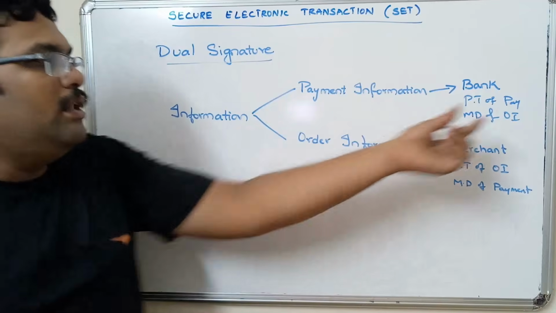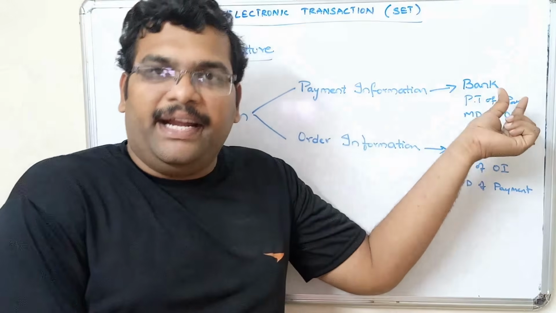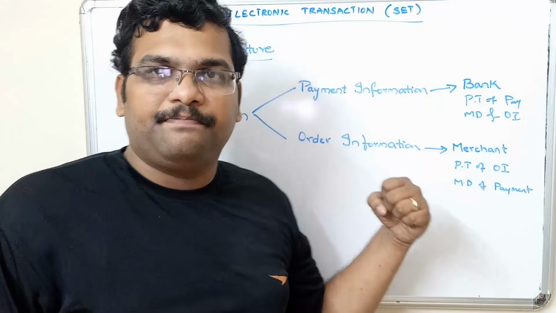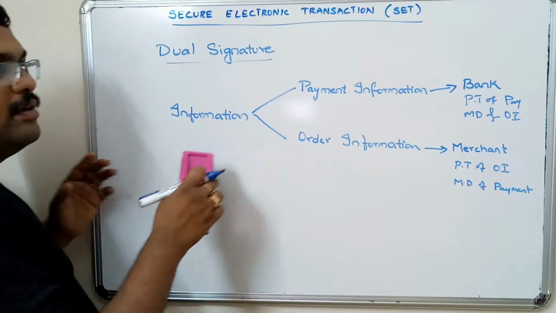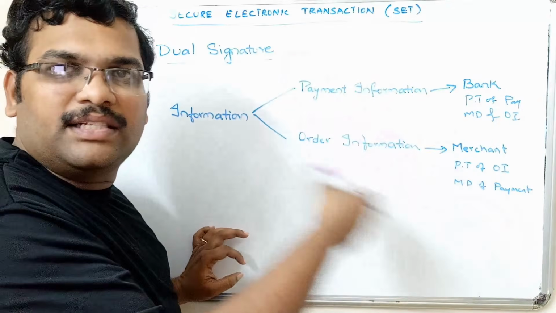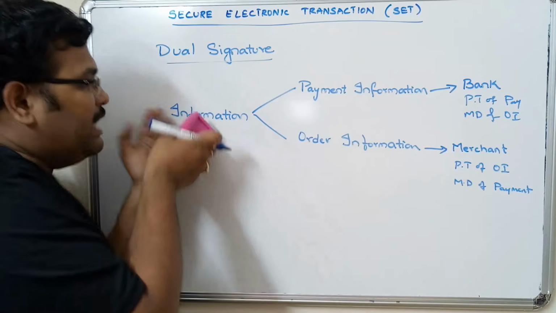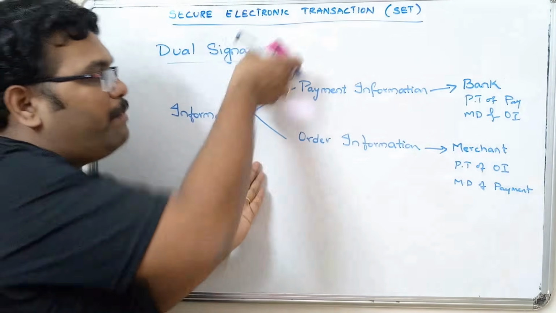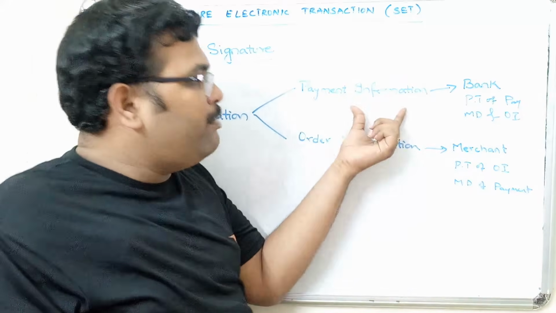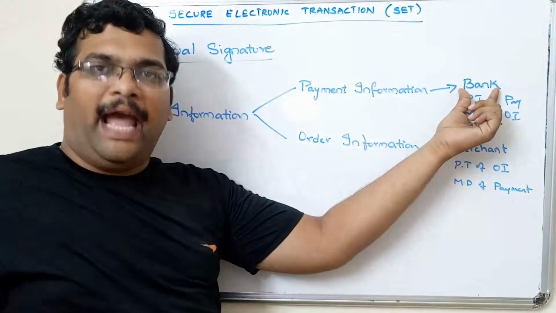Right? So the payment information will be sent as plain text to the bank, and here the order information will be sent as plain text to the merchant. See, this is how we will create a dual signature. Let me explain with a simple diagram so that you will understand clearly. Finally, the information will be divided into two parts, payment information and order information. The payment information will be sent to the bank, and the order information will not be shared with the bank.